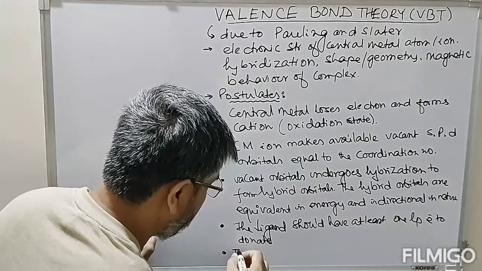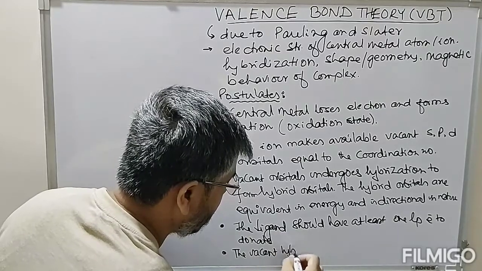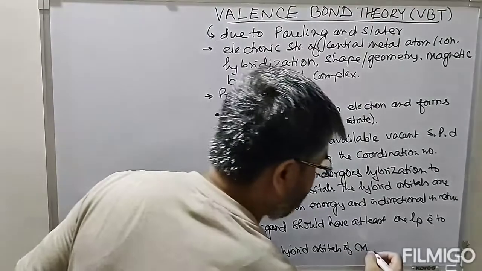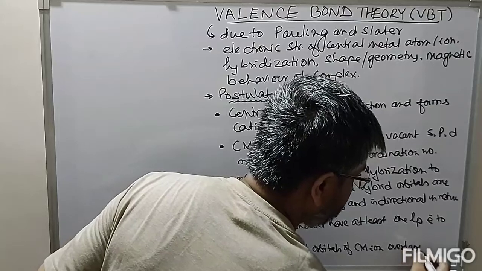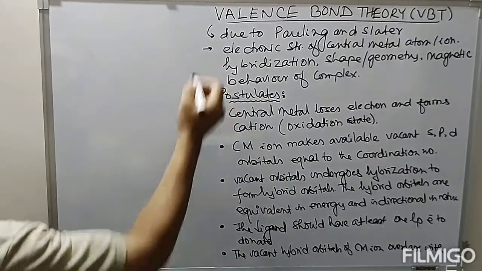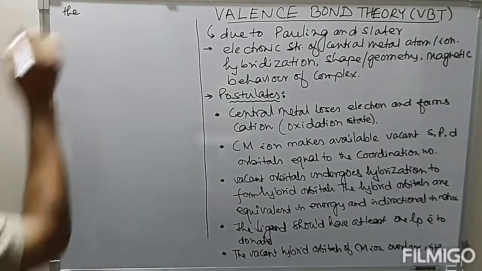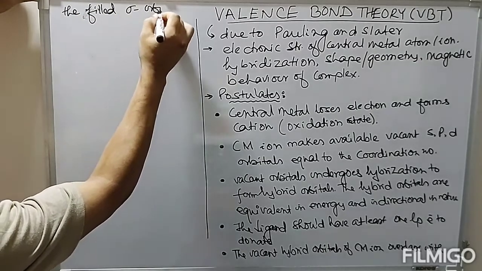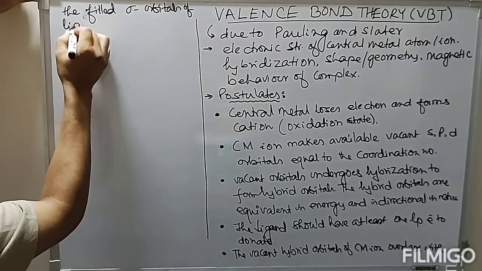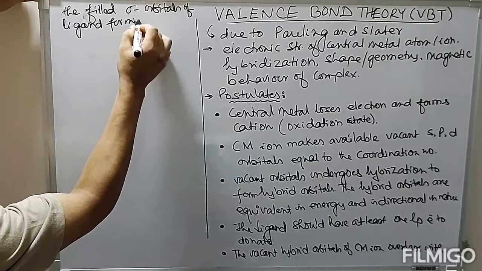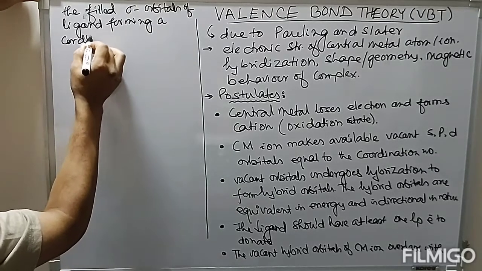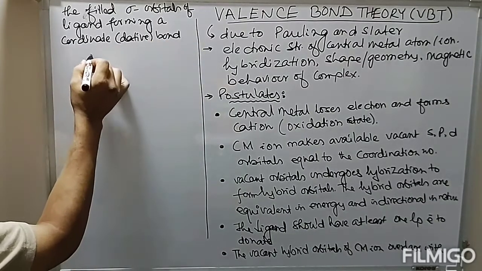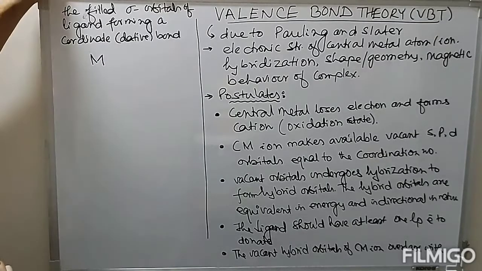Then the vacant hybrid orbitals of the central metal ion overlap with the filled sigma orbitals of the ligand, forming a coordinate or dative bond, which is represented as, look at this, we have this central metal atom or ion.